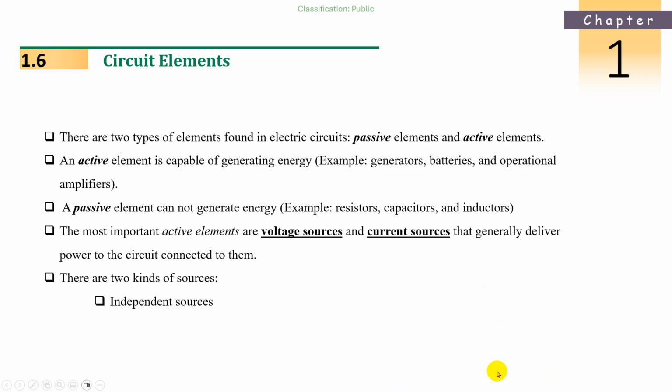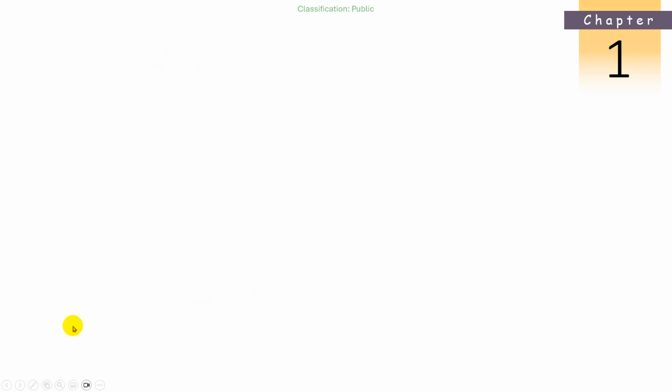So this is called independent sources, and in that, voltage and current sources are there. There is another type, called dependent sources, quite opposite to the independent source. It means some of the elements are causing the source to change its value.